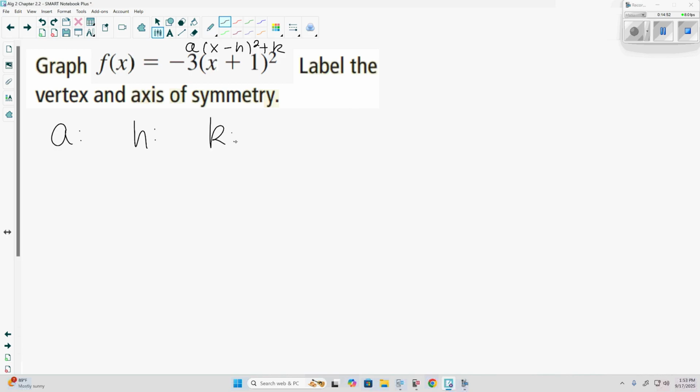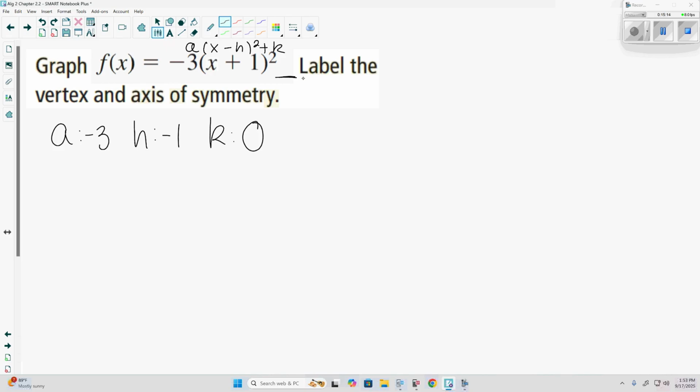A, H, and K. A here is -3. H is 1, but -1. And k is? Because k would be added or subtracted after the parentheses.